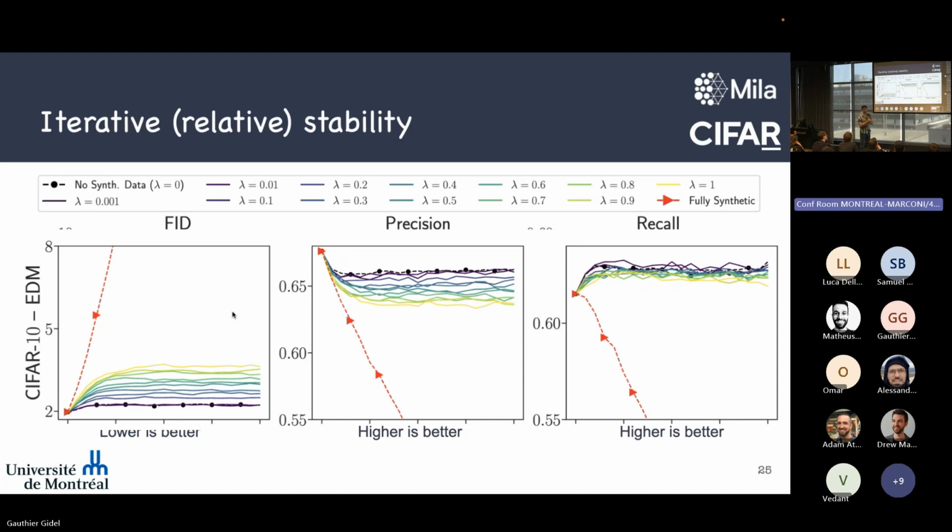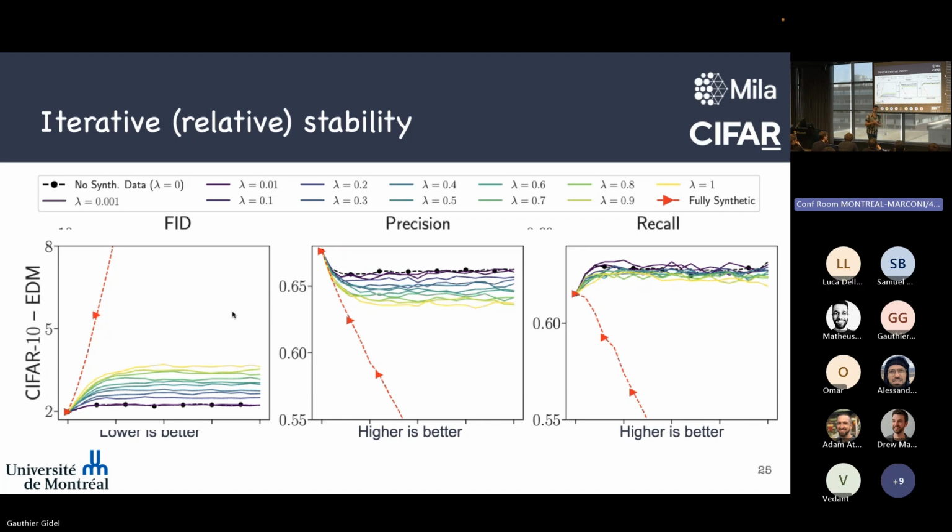2 is a very good FID. Back in the days when we had GANs, the best FID was around 10. Now the state of the art must be 1 point something, but 2 is very reasonable. What you can see is that as long as you reinject some real data, up to lambda equals 1, so half, you remain stable.